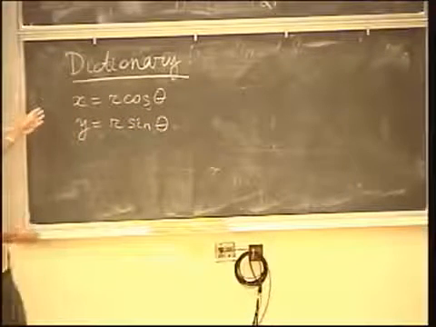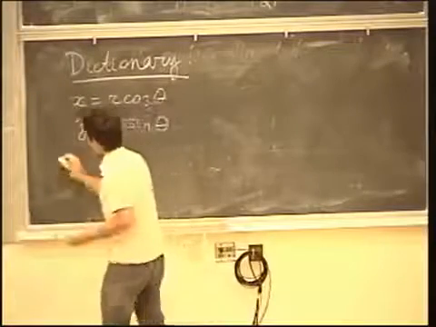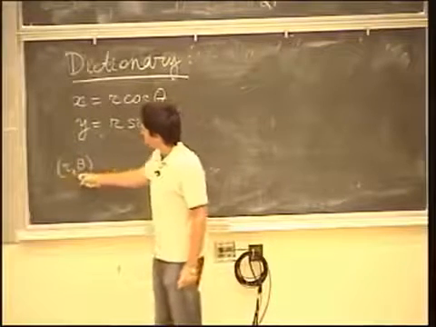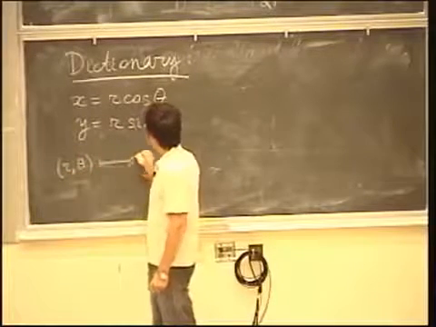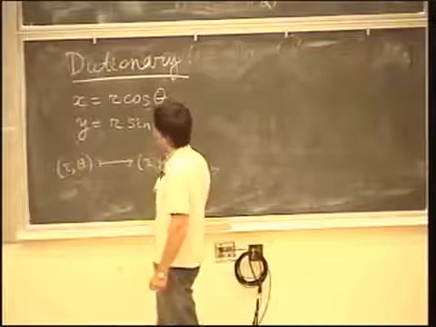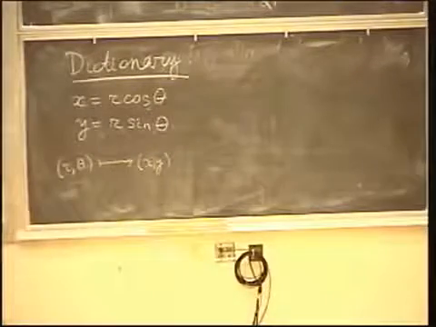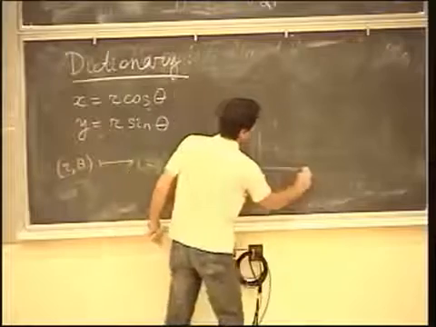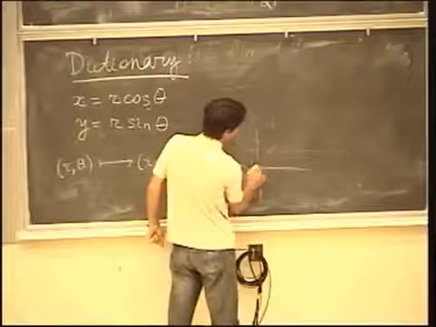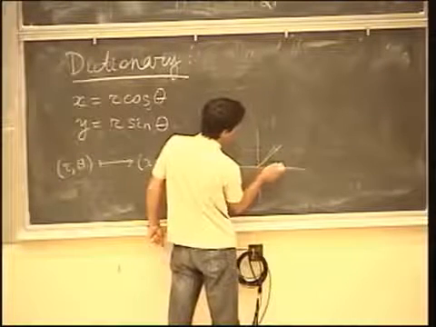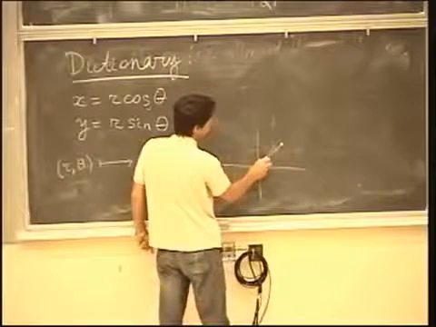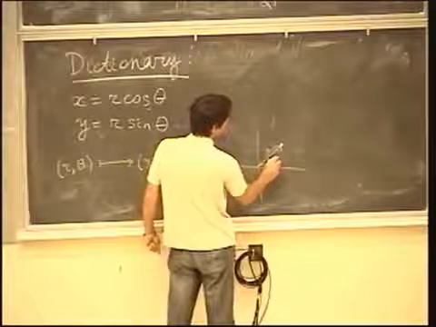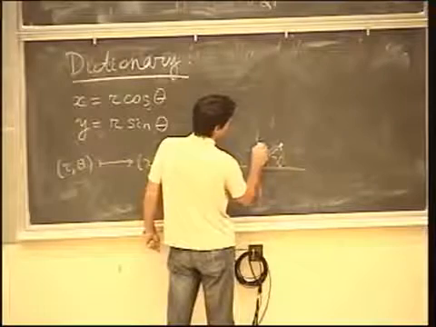So that's it. What does it mean? It means that if you are given a point represented in polar coordinates by two numbers, r and theta, you can find the xy coordinates of this point. For example, let's say theta is pi over 4, 45 degrees, and r is 2, okay? So this is 2, this is pi over 4, right?